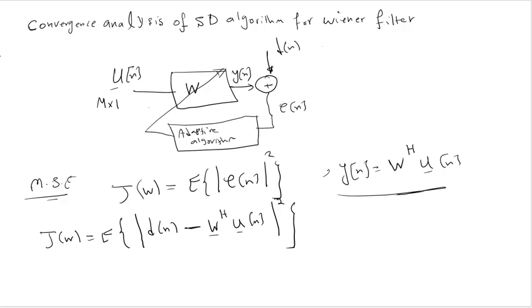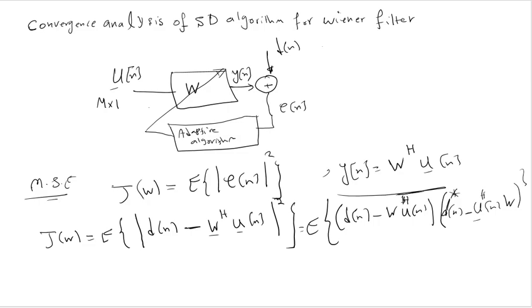and I can write this d(n) minus W Hermitian u(n), and take conjugate or conjugate transpose, Hermitian. From this we will have d conjugate(n) minus u Hermitian W. If we multiply these two terms, I will have four terms.